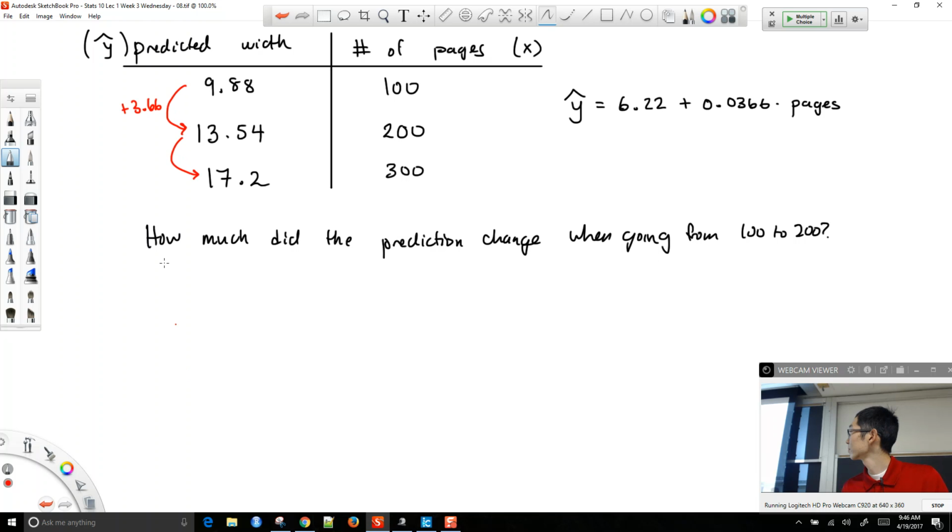The difference there is also 3.66. So if somehow the multiplication button on your calculator broke and you could only do addition, could you still make a prediction for 400 pages? What would you do? You would do 17.2 plus 3.66, right? I think you see the pattern, and you get 20.86, yeah?